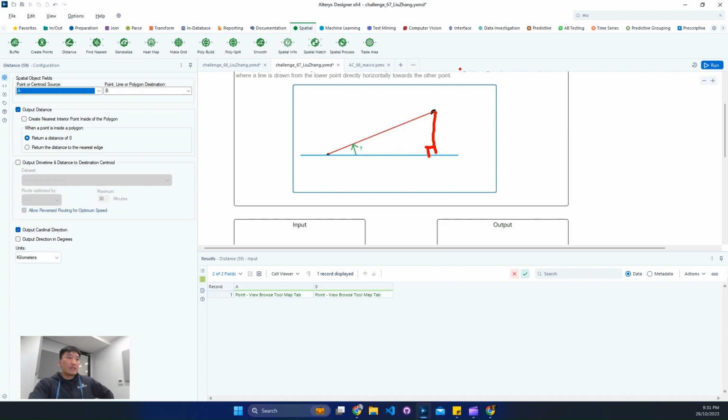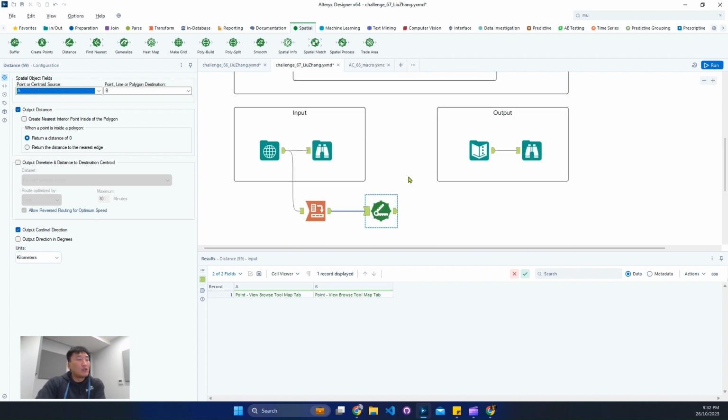The distance between those two is your hypotenuse, and that's your opposite, which probably is called your base. Turns out Alteryx can handle all of this quite easily, straight away. So the distance gave you the hypotenuse between the points.